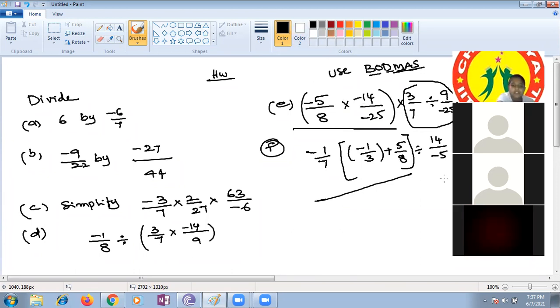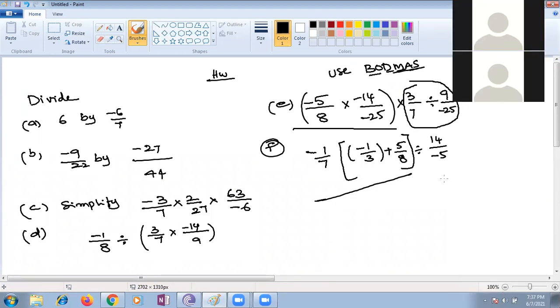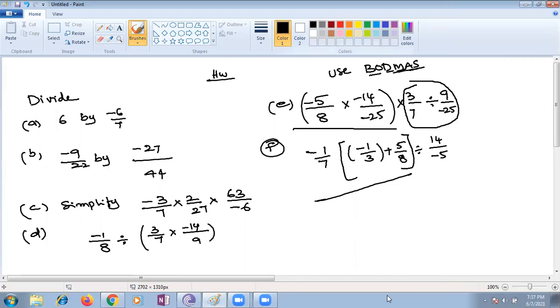Ma'am, I have one doubt. Minus 1 by 7: when we add minus 1 by 3 and 5 by 8, after that we should divide by 14 by minus 5, then go to minus 1 by 7? First you have to simplify the bracket.